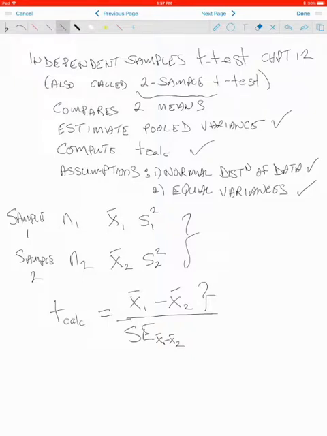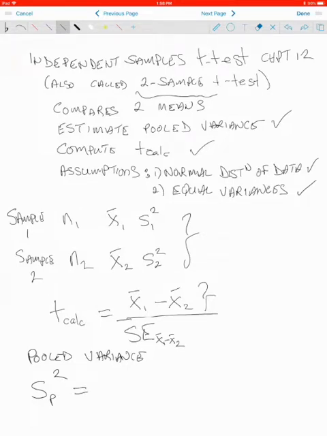To get it, the first thing we need to do is to estimate something called the pooled variance, which I'll symbolize with s_p squared.